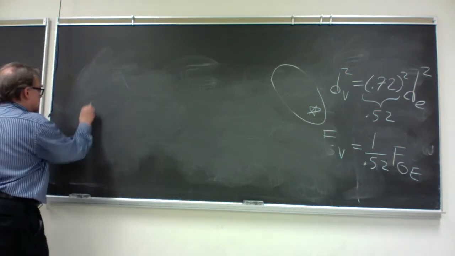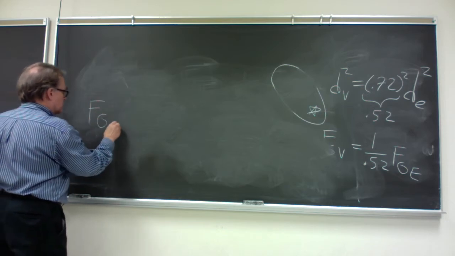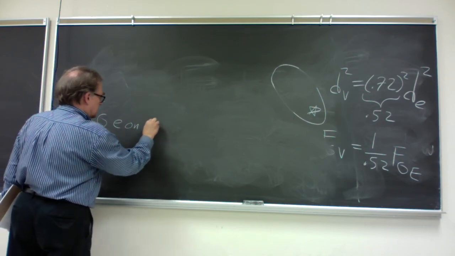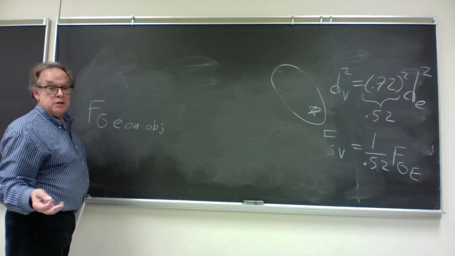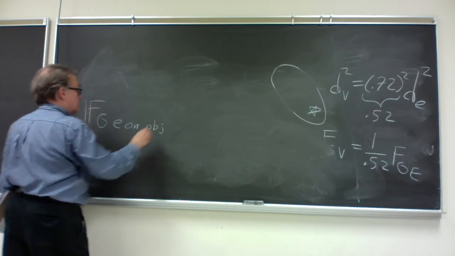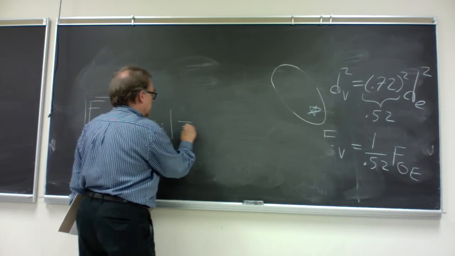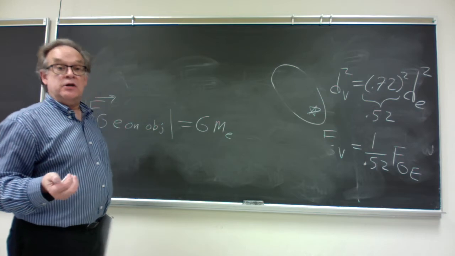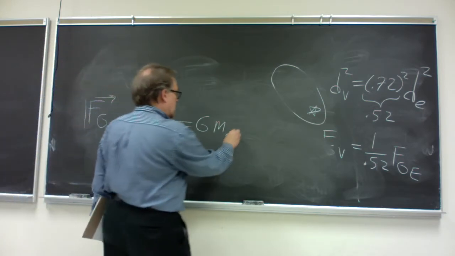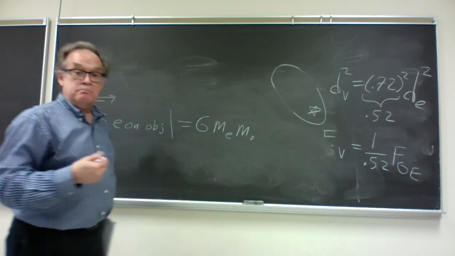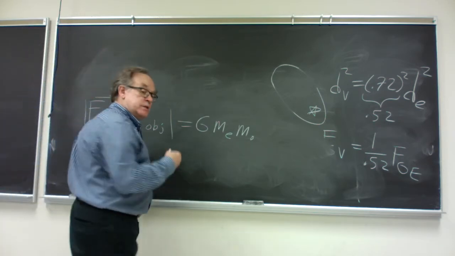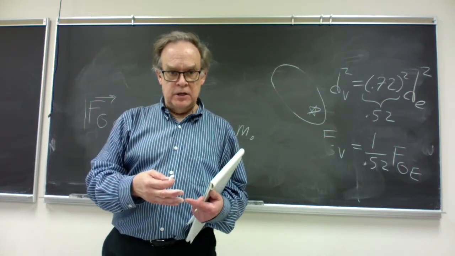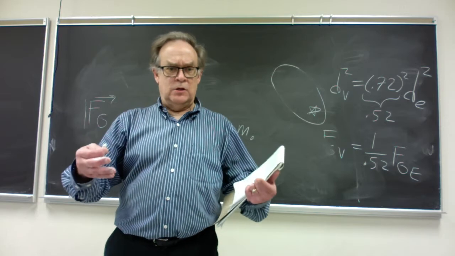So it ought to be the case that the magnitude of the gravitational force from the Earth on some object sitting at the surface of the Earth ought to be simply the gravitational constant times the mass of the Earth, the mass of the source of that force, times the mass of the object, the mass of the thing that's feeling the force, over the distance between the object and the Earth squared.